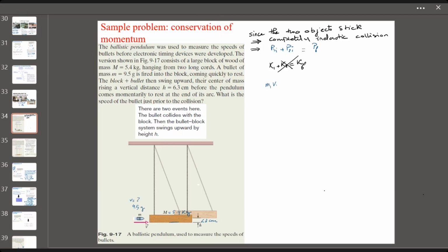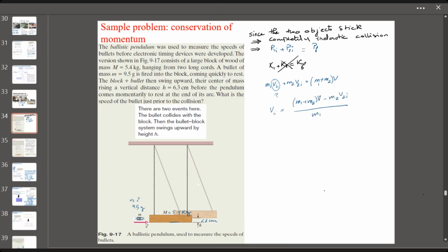I have M1 V1 initial plus M2 V2 initial equals M1 plus M2 times V. So what we want is this. I'll rearrange for the initial speed of the bullet. I'll get (M1 plus M2) V minus M2 V2 initial, over M1.